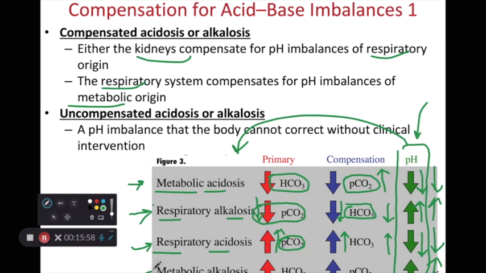As we look at metabolic alkalosis, this is when we have an alkaline pH, or our blood pH is too basic. And this is typically going to be initially caused because we're making too many bicarbonate ions and dumping them into the bloodstream. To respond to too many bicarbonate ions in the bloodstream, our body compensates by increasing the partial pressure of carbon dioxide, so we don't breathe in and out as much.